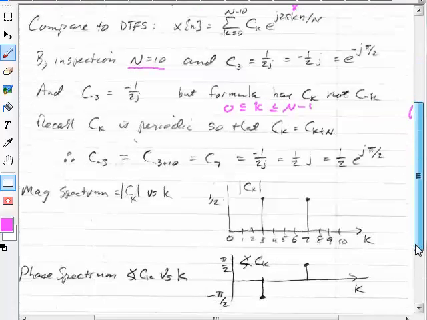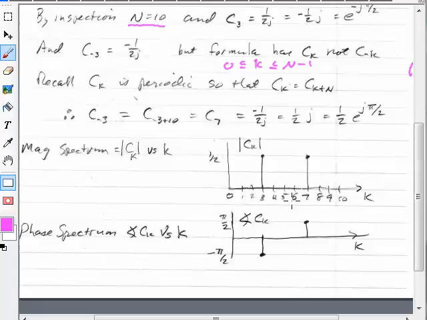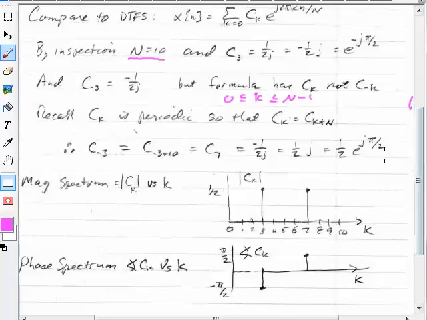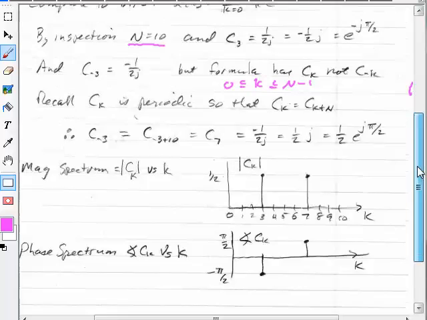Now we're in a position to sketch out the magnitude spectrum. Magnitude of c k: both of those coefficients have 1/2 as the magnitude. So there's the c3 and this c7. They both have a magnitude of 1/2. And since we put this in polar coordinates, it's clear that the phase of c3 is minus pi over 2, and the phase of c7 is plus pi over 2.